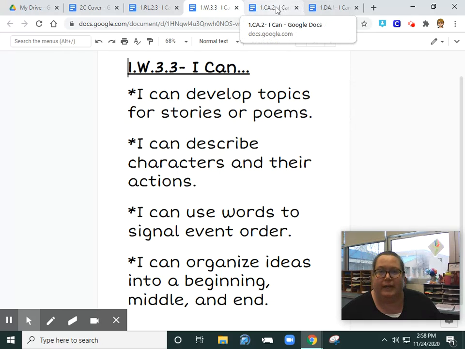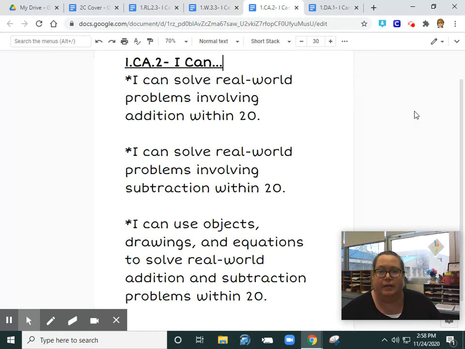Okay, we're going to move on now to talk about our math standards, our math focus standards. This standard 1CA2 is dealing with story problems. I know we've done a lot of work with story problems, so hopefully that will make these types of story problems, or real world problems, a little easier for us.